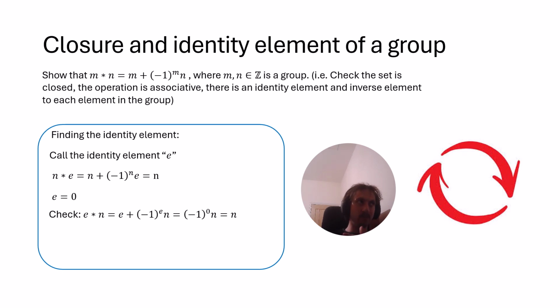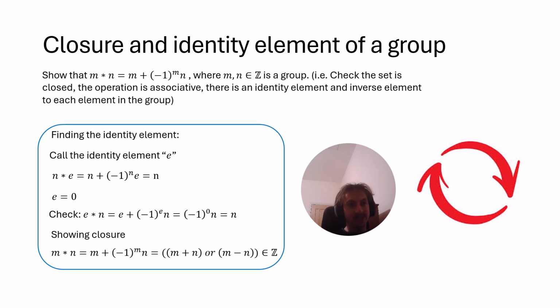But both of those things will give me back an integer, because m and n are integers. And so we clearly get an integer. So we've shown that there is an identity element. We've shown that our group is closed with our operation. We always get back an integer, and our set is the set of all integers.